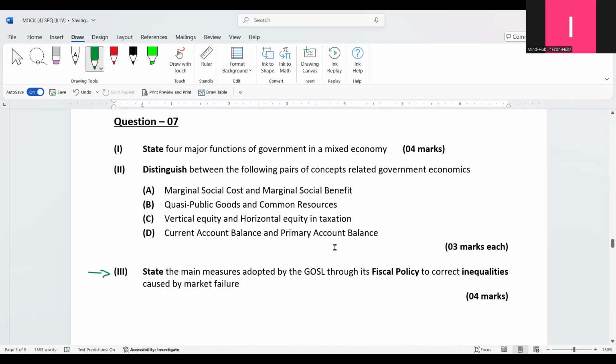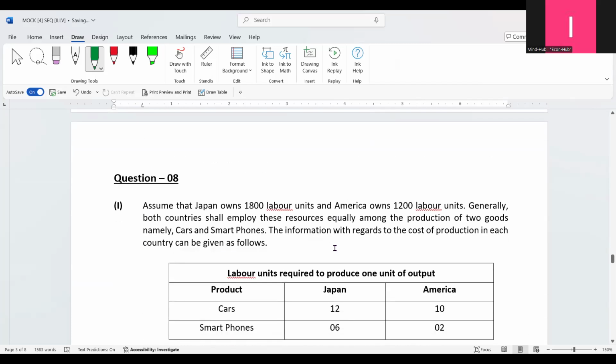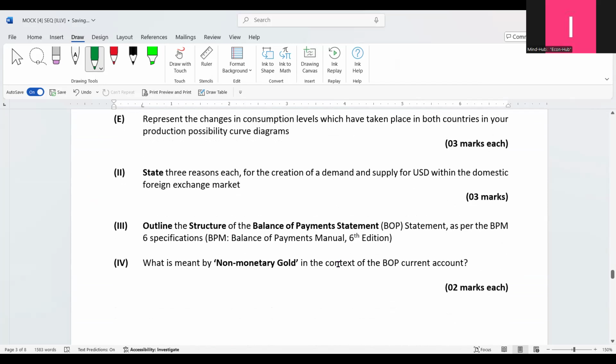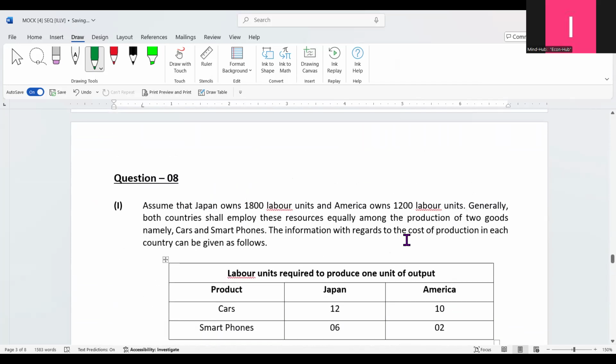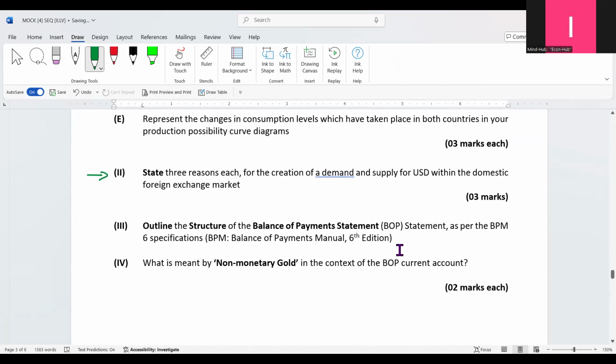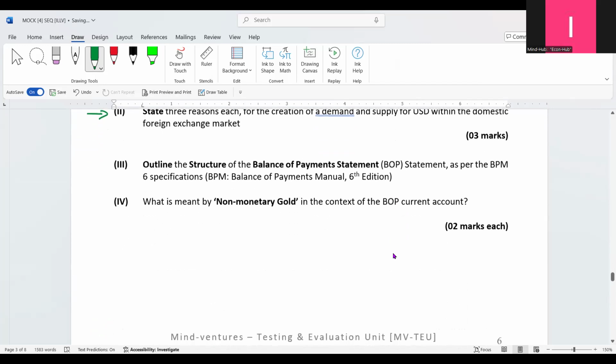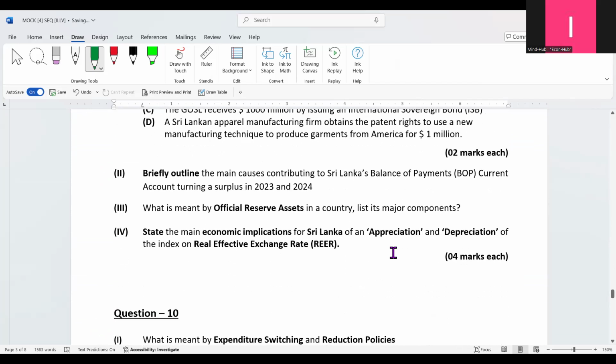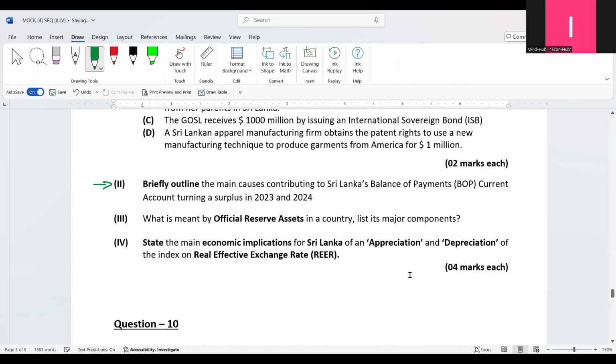Question 8, international trade related. Question 8, part 2.